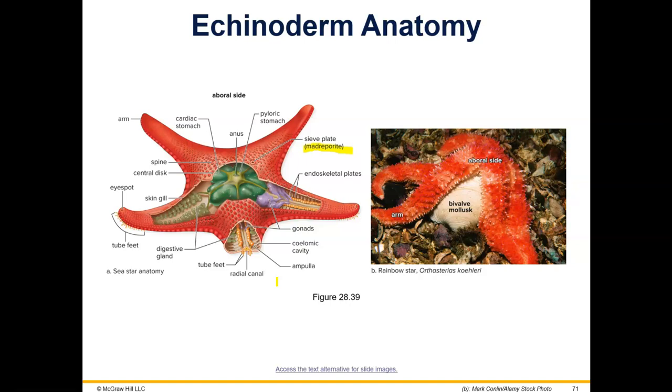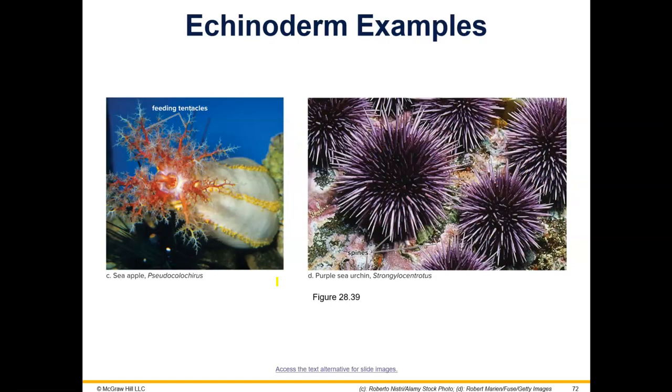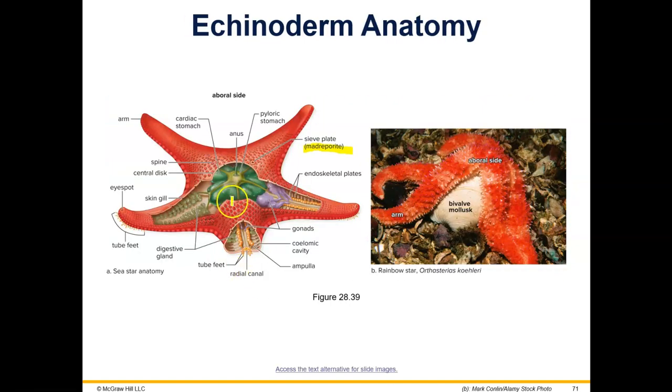Then you have the water vascular system, and I'll try to explain that. So water enters through the sieve plate or madreporite, and then the water goes into a canal. I'm trying to think what it's called, not the ring canal, but I can't remember the name.